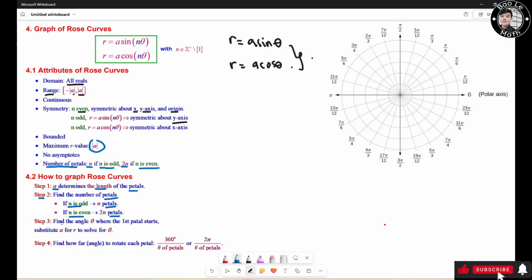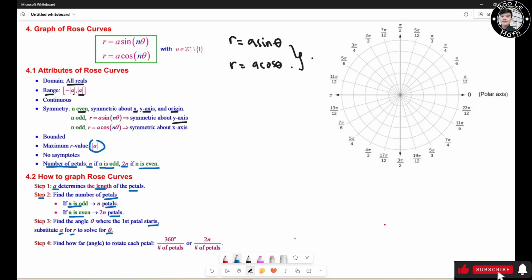Step number 3, we need to find the angle theta where the first petal starts by substituting a for r to solve for theta. Step number 4, we need to find how far the angle rotates for each petal. We take 360 divided by the number of petals if degrees are given, or 2 pi divided by the number of petals if radians are given.